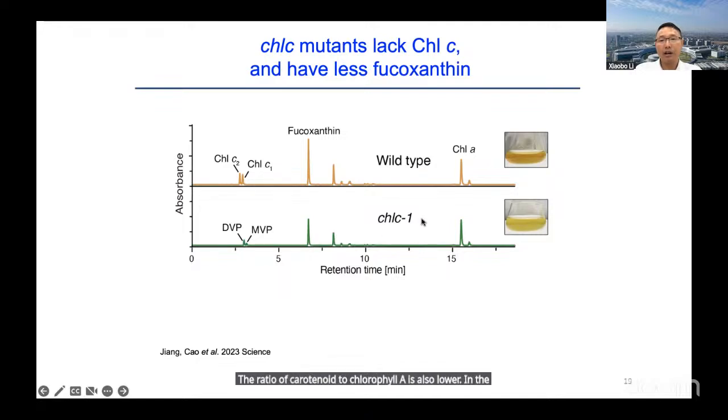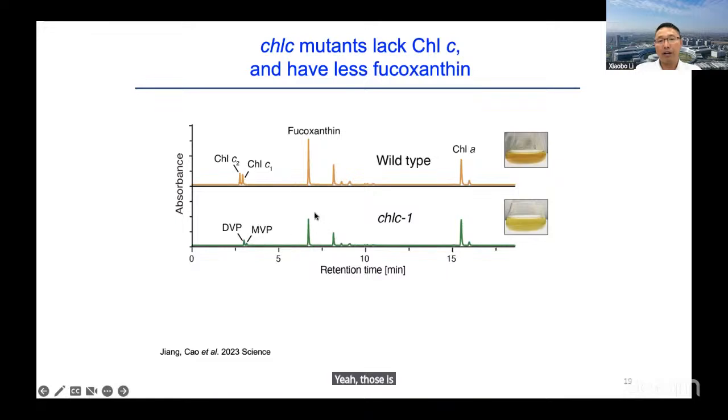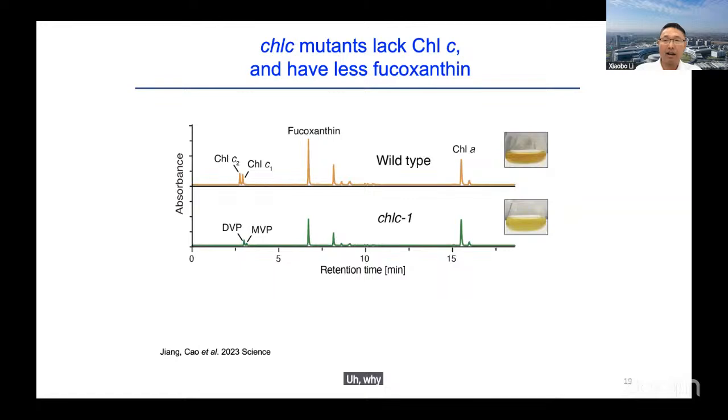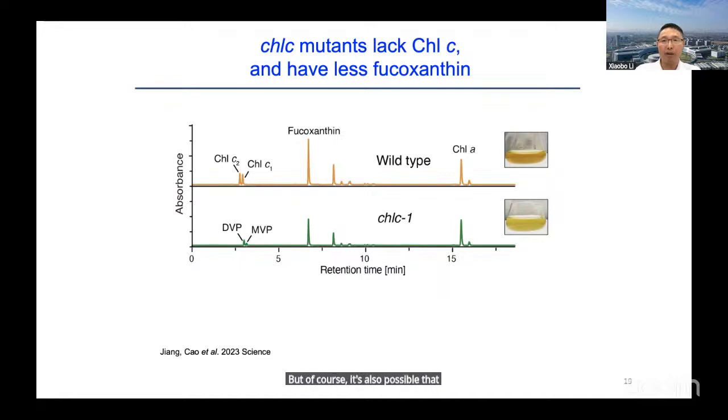This explains why the mutant looks greener. It loses chlorophyll, but it also loses the green light absorbing carotenoid. That's why it looks greenish. And these 2 pigments, chlorophyll C and fucoxanthin, could be codependent on each other for stable accumulation. At least one reason is that they are adjacent to each other in the light harvesting complex. But of course, it's also possible that the entire complex is degraded.